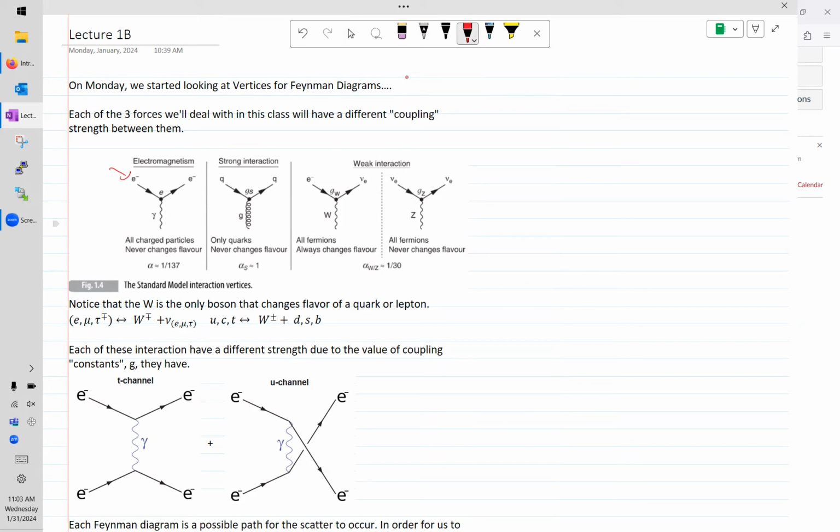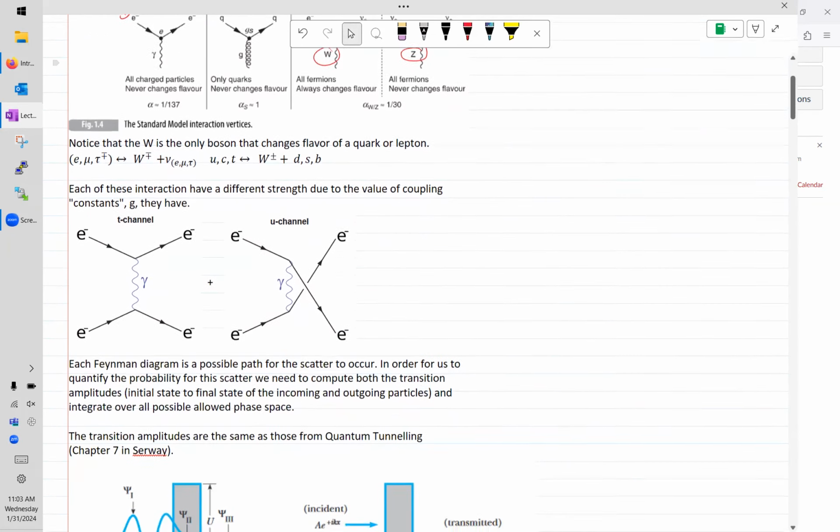There's the strong vertex, and then there's the weak interaction, which actually has two different types of boson that can couple to it. Those are all the possible vertices you can draw in the standard model, and some of them are allowed and some of them are not allowed, and we're going to see how that plays out in our little activity, and also in one of your homework problems that just got posted.